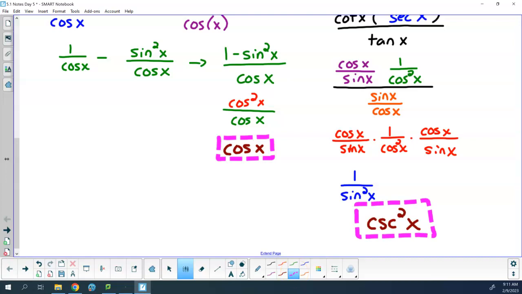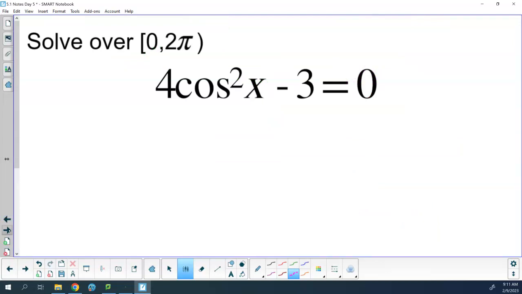Questions on either one of those? Okay, love it. So let's jump into some solving. Remember that when we're solving, we always solve first lap of the unit circle. Okay.